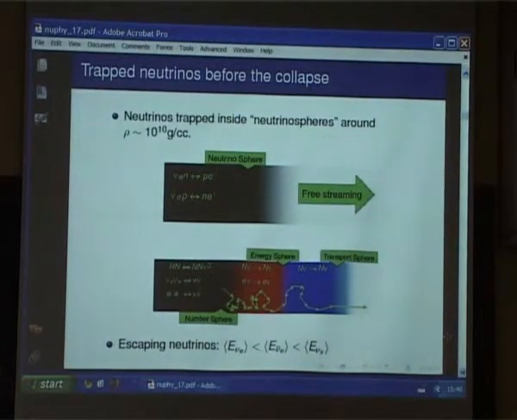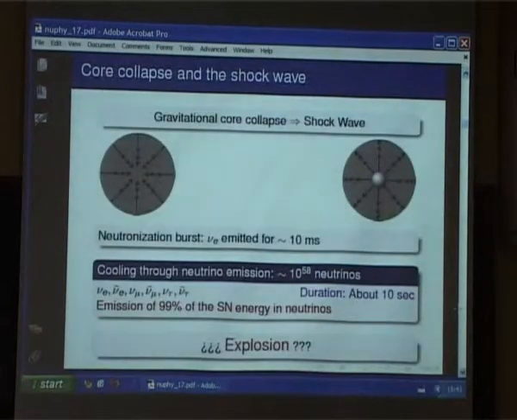So you can't produce elements heavier than iron. They are free neutrons. So for example, ideally you also have ν̄_e acting on other nuclei: nuclei of hydrogen, helium, oxygen, carbon. So this is before the collapse. So now we'll see what happens after the collapse.